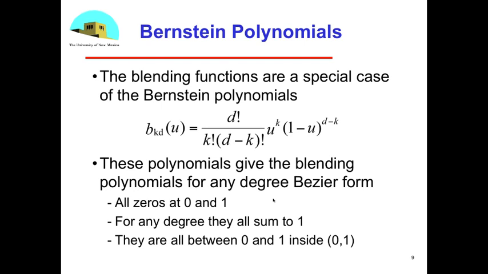And so if you sum up these 3 things at the end, that all the zeros are at 0 and 1, and that it adds up to 1, and they're all between 0 and 1, that sounds a lot like what we were talking about when we talked about the convex sums earlier in the class when we first started talking about geometry.